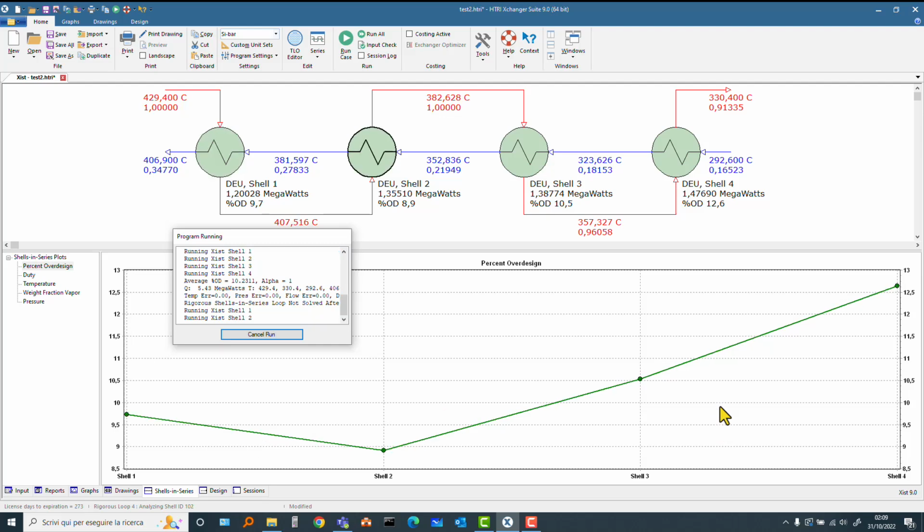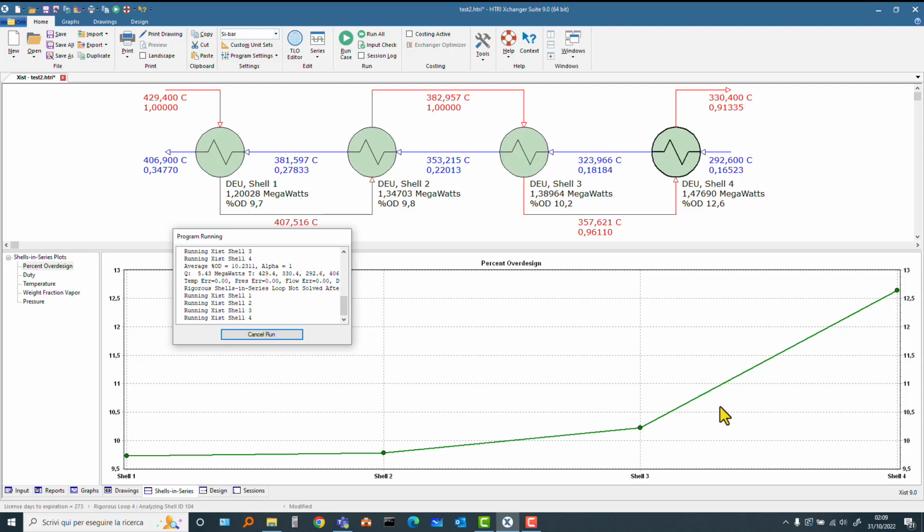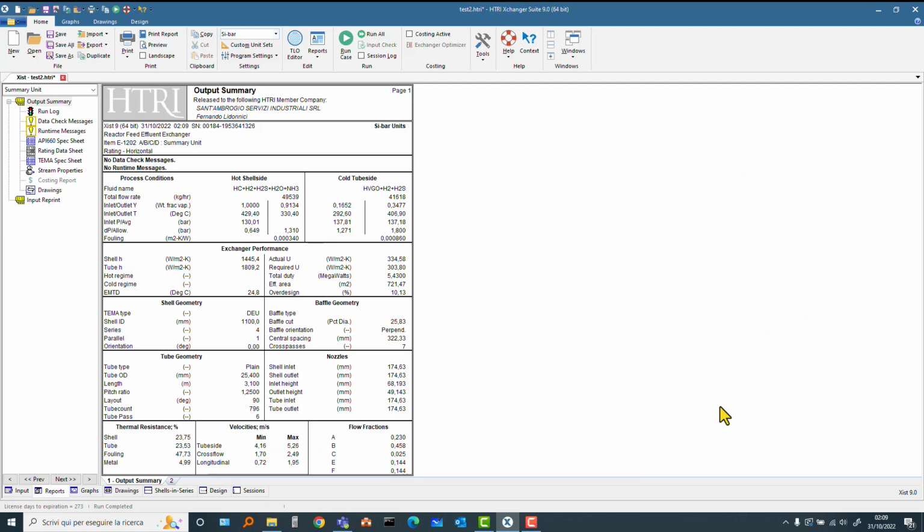We must be patient. And finally, we get the solution. So we have a 10% over surface, with a pressure drop which is always acceptable, 1.27 against 1.8 on the tube side.